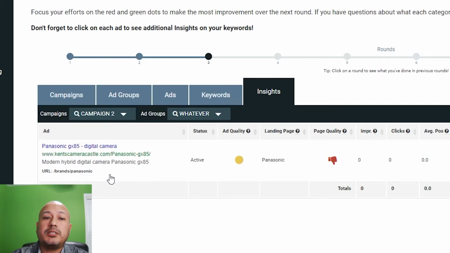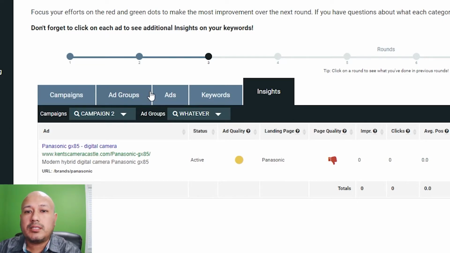So provide some description, use calls to action in your descriptions as well, use calls to action in your header, and provide unique value propositions in your headers and in your description as well, because these are what entice the consumers to actually click on your advertisement, right? So I think that is another problem associated with this particular ad group.